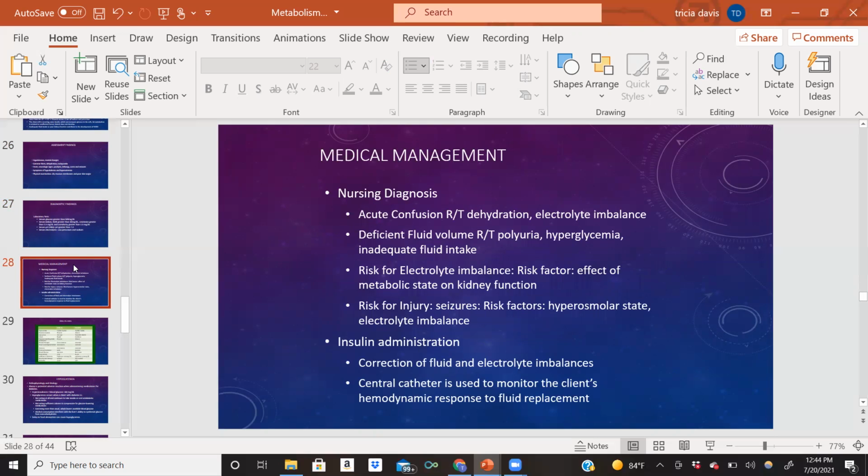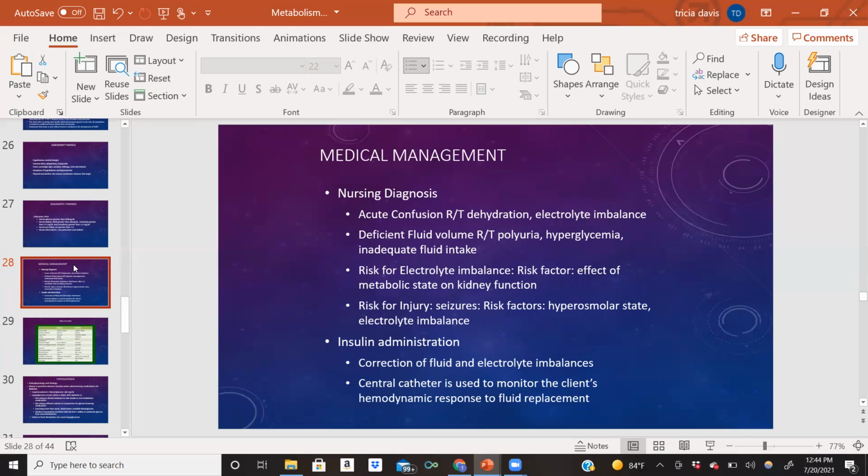So, nursing diagnosis: acute confusion related to dehydration and electrolyte imbalance, deficient fluid volume related to polyuria, hyperglycemia, inadequate fluid intake, risk for electrolyte imbalance, risk factor, effect of metabolic state on kidney function, risk for injury, seizures, risk factors, hyperosmolar state, and electrolyte imbalance.